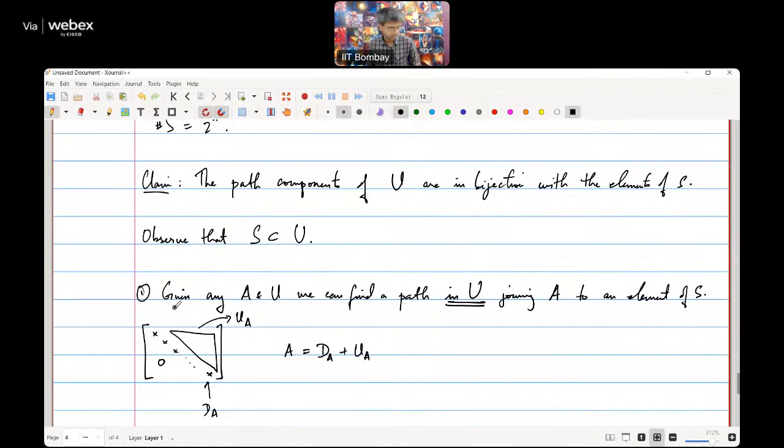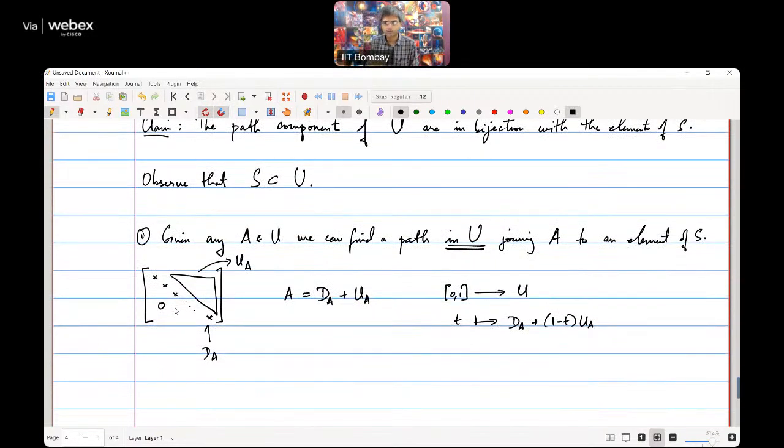Okay. Now let's define this map from [0,1] to U. This map is t goes to D sub A plus (1 minus t) times U sub A. All of you should be able to easily check by now that this is a continuous map.